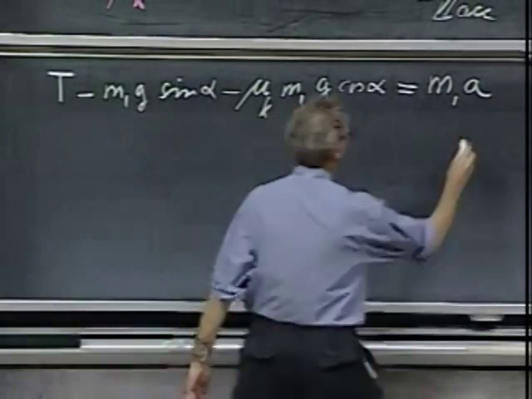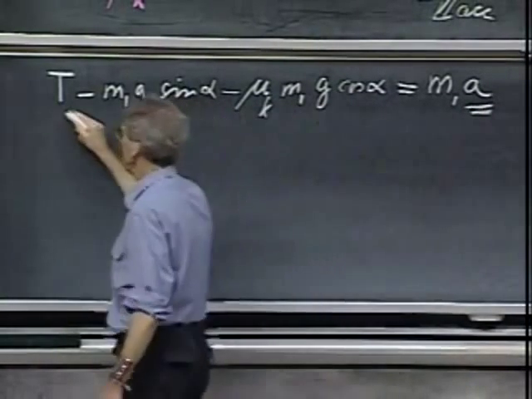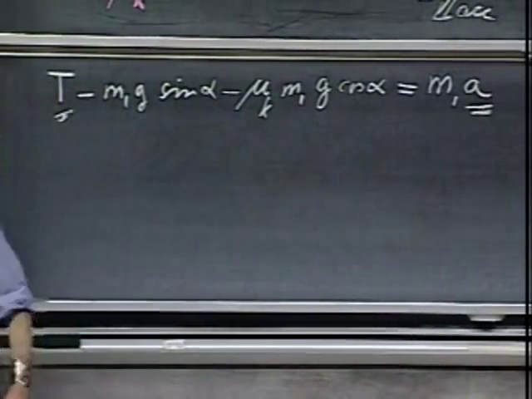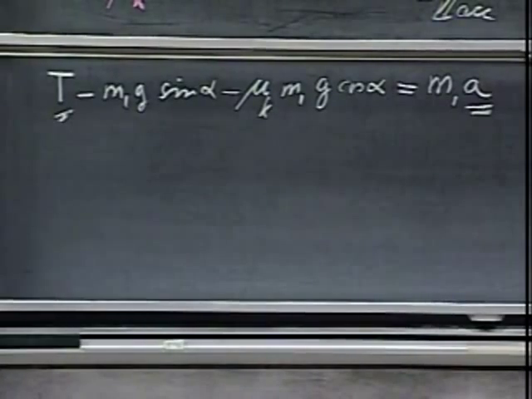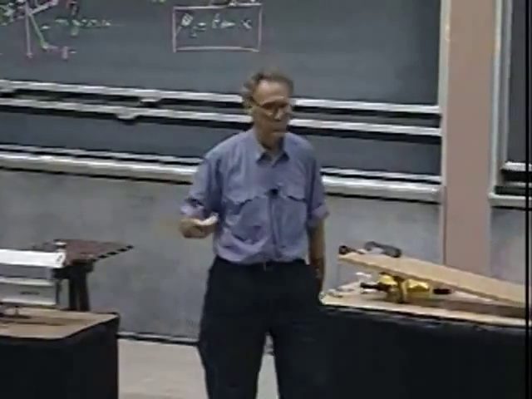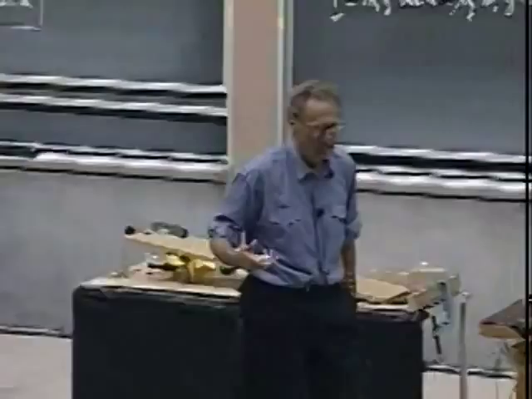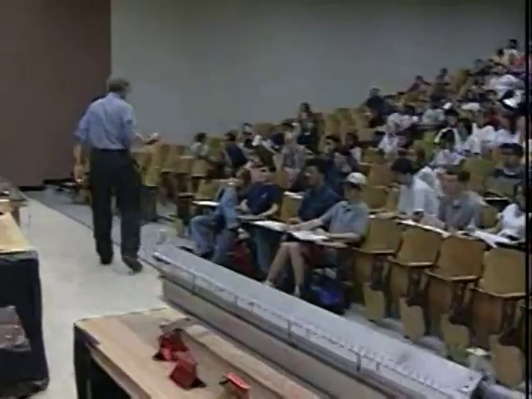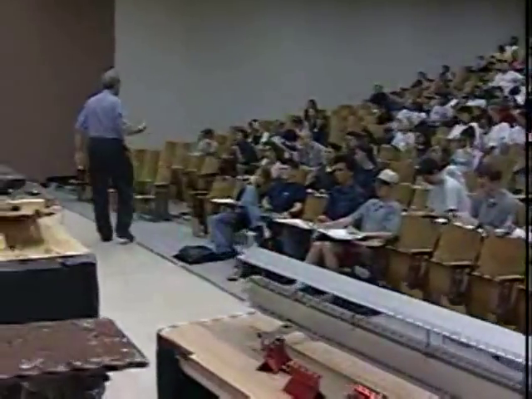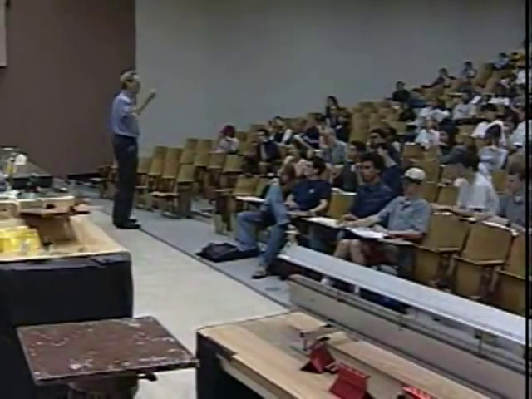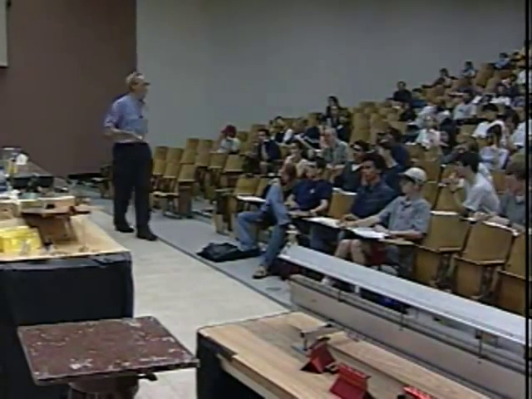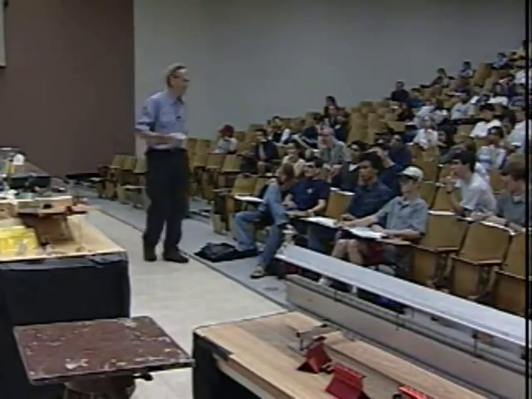One equation with two unknowns. You don't know a and you don't know T. Or do you know T? What is the tension when that thing is being accelerated uphill? Anyone has the courage to try?